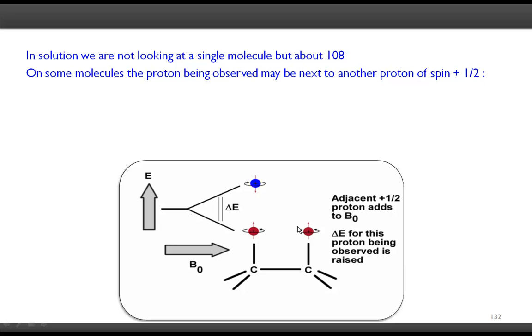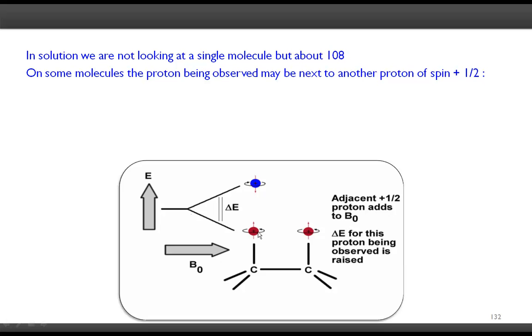So the magnetic field, or the spin state, of this nucleus can align with that of the external magnetic field. If it aligns, then it is reinforcing the external magnetic field.